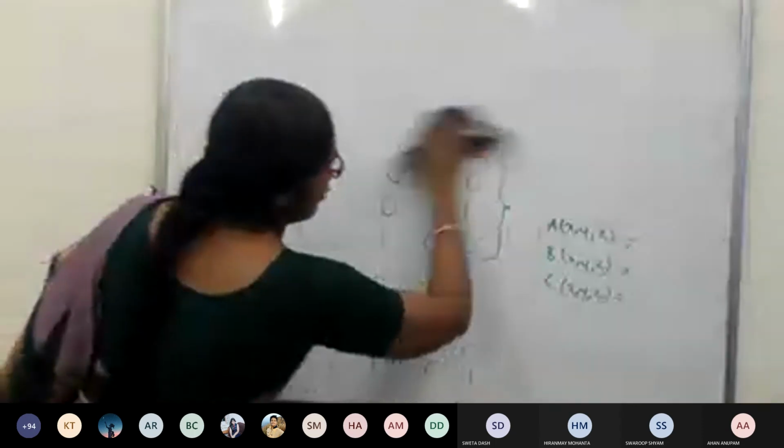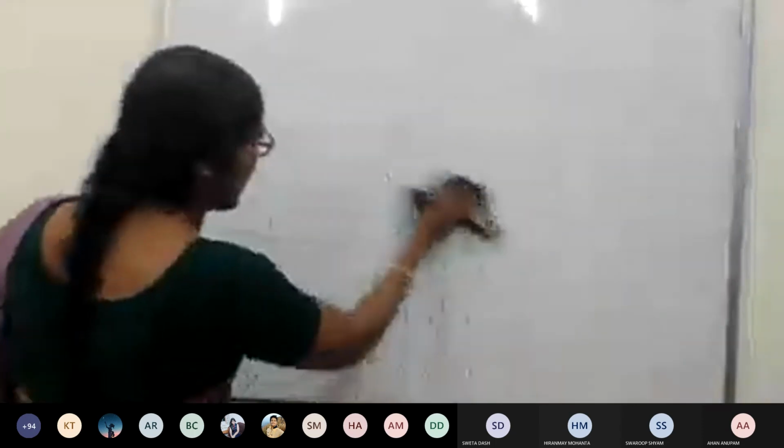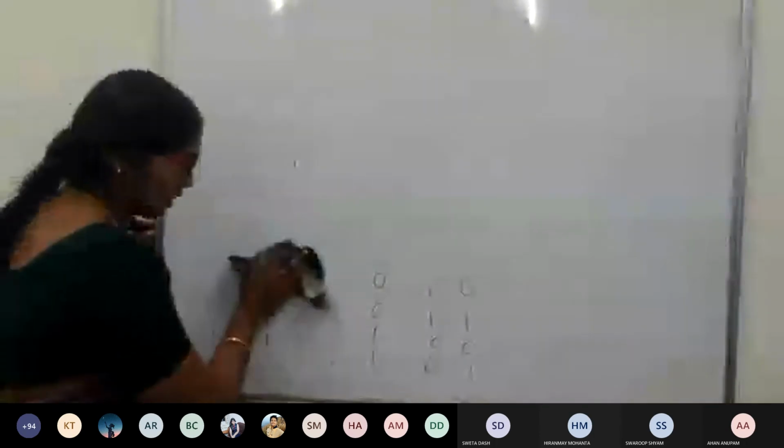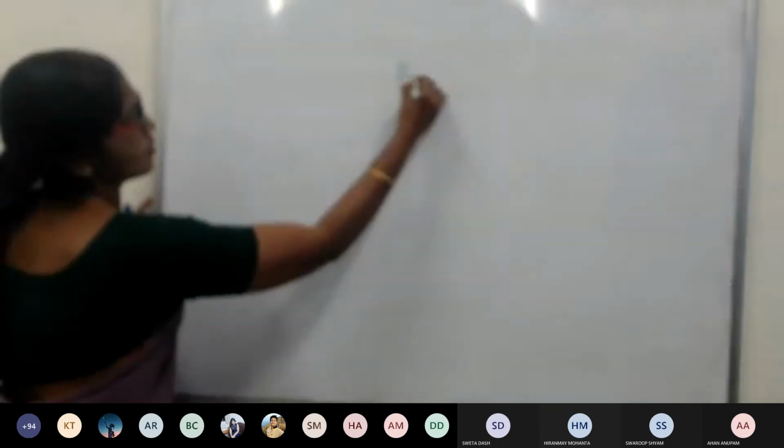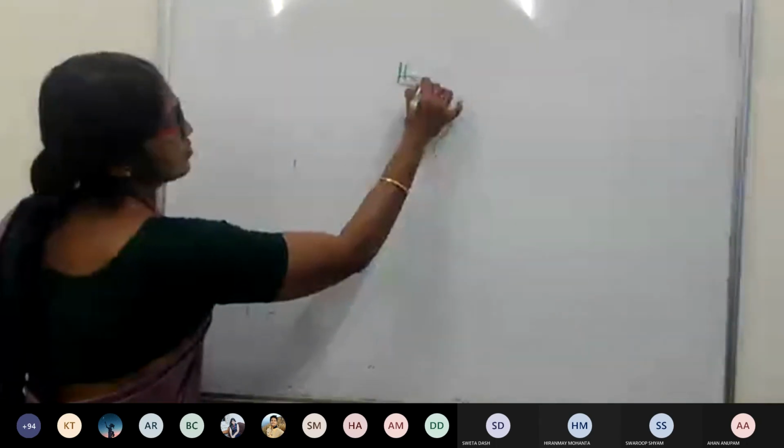We have 4 inputs. Already the hint is provided and Shweta has elaborated also. Thank you, Shweta. So we have the output as 1. Right, output is 1. Output is on. That is fixed.